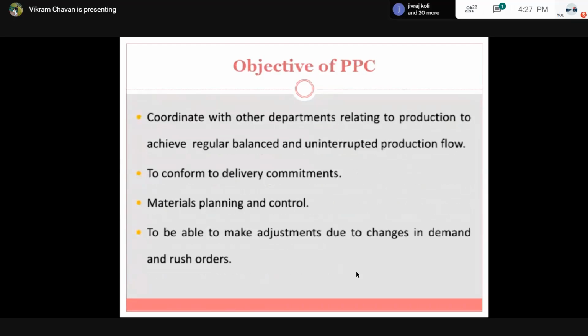Then next is to coordinate with other departments relating to the production to achieve regular, balanced, and uninterrupted production. Now, what are the other departments? Which departments are supporting the production department?